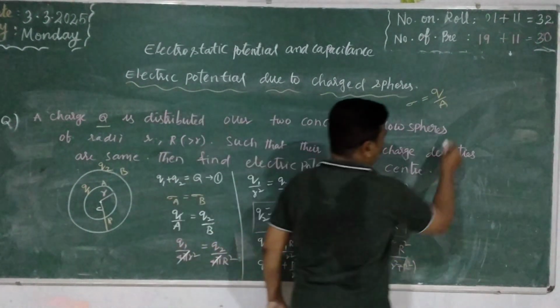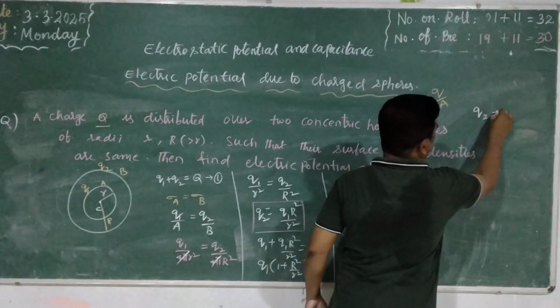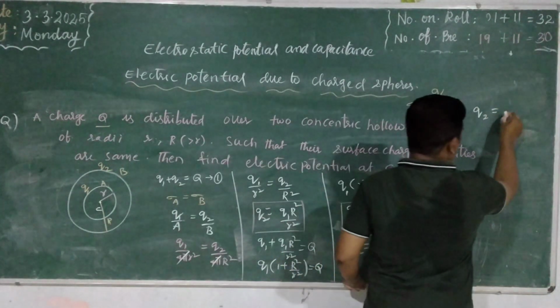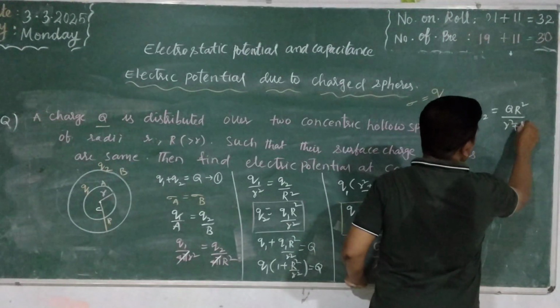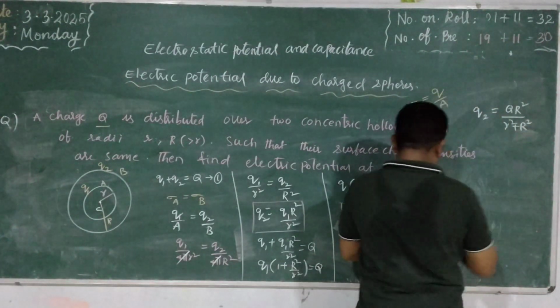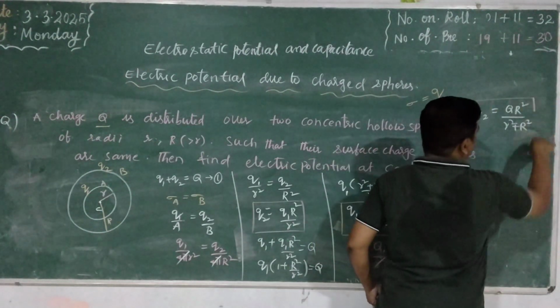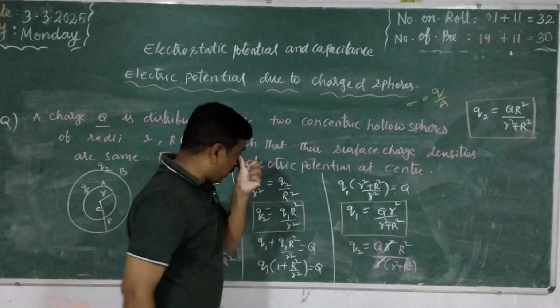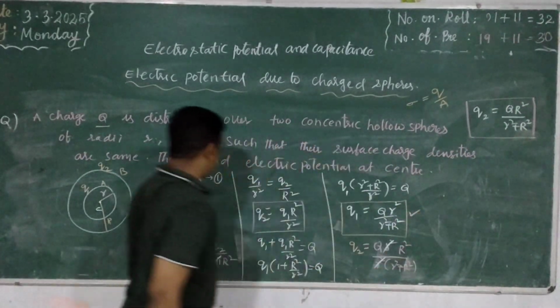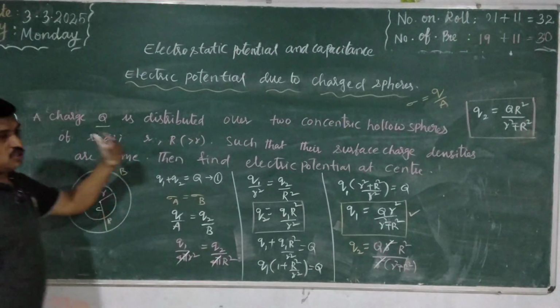Q2 equals capital Q capital R square by small r square plus capital R square. It is the Q2 value we get. So Q1 is the charge on the first sphere, and Q2 is the charge on the second sphere.